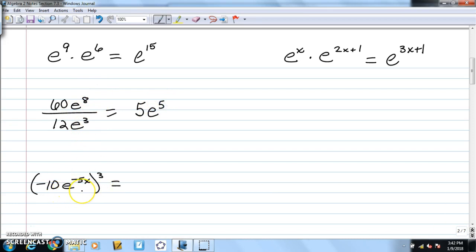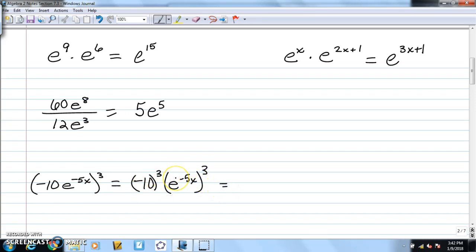Okay, power to a power, still doing that the same. So it's negative 10 to the 3rd power. But remember, it's that quantity to the 3rd power. It's whatever's in here, that quantity to the 3rd power. So it's e to the negative 5x to the 3rd power.